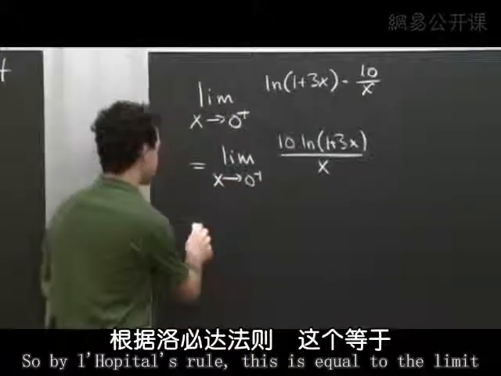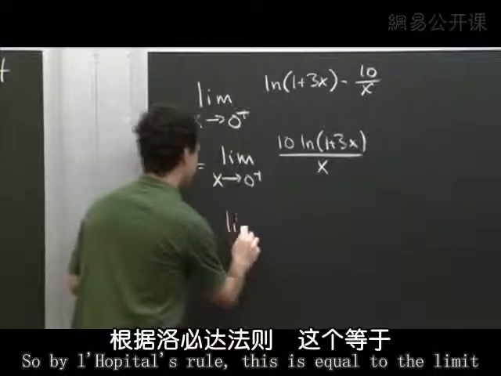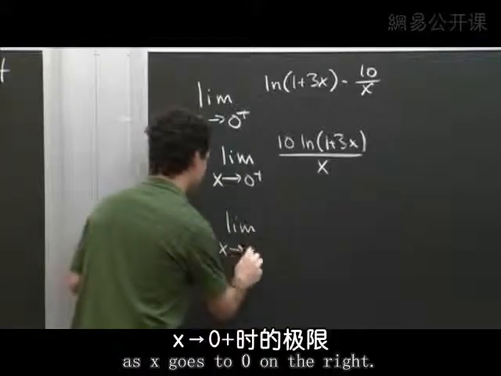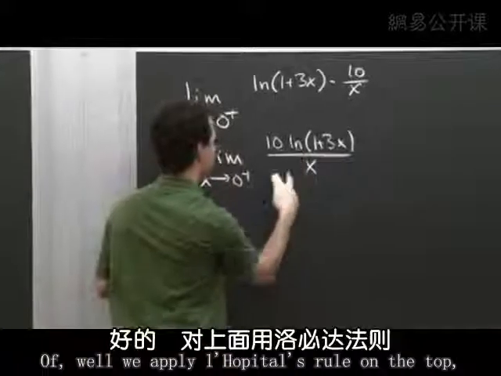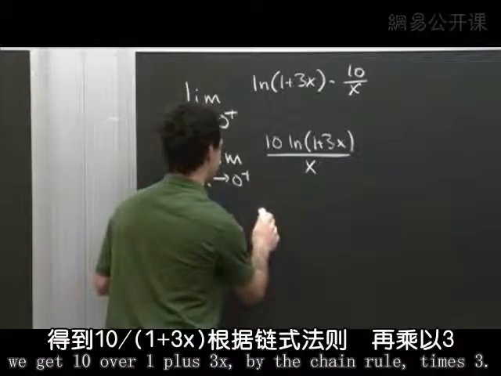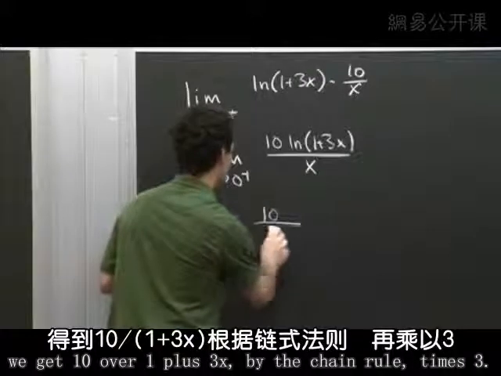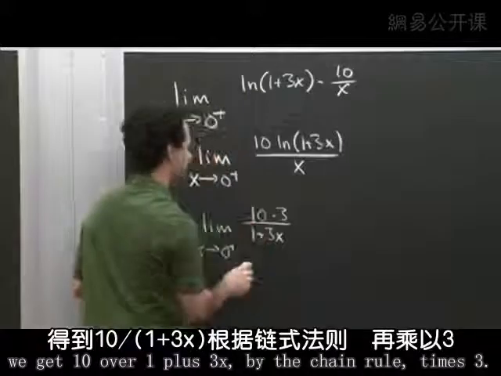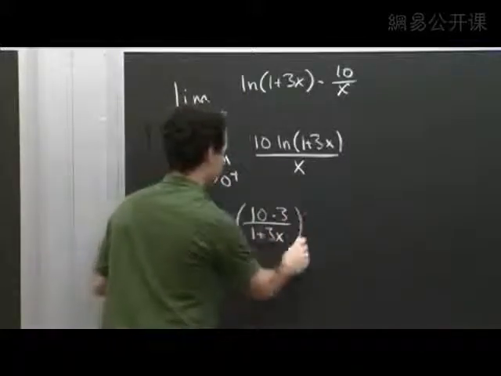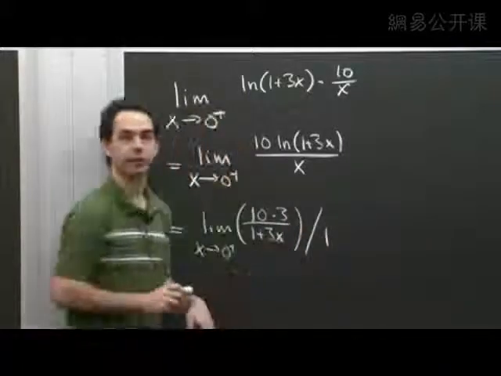By L'Hopital's rule, this is equal to the limit as x goes to 0 from the right of, applying L'Hopital's rule on the top, 10 over (1 plus 3x) times, by the chain rule, 3. And then on the bottom, we just get 1.